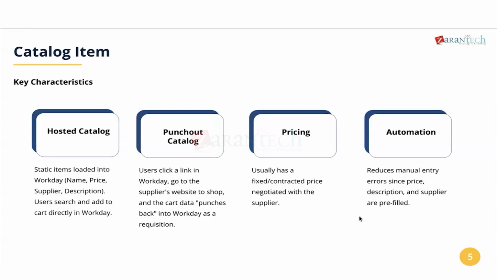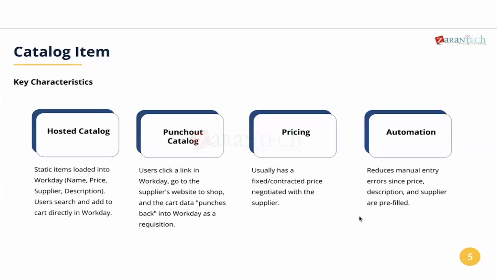Now the automation part. It's a very easy shopping kind of way. If your catalog items are already available in the system, the buyer would simply go to the items, choose the number of items they want, and create the requisition. There is no manual process involved here.